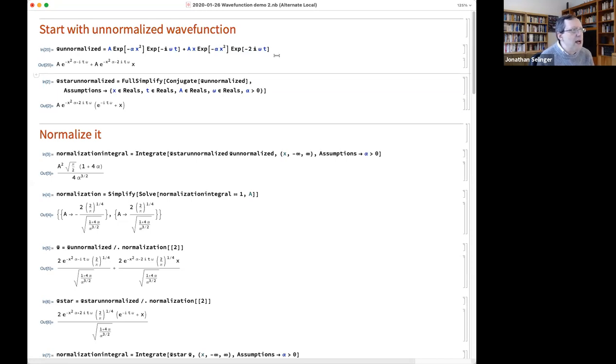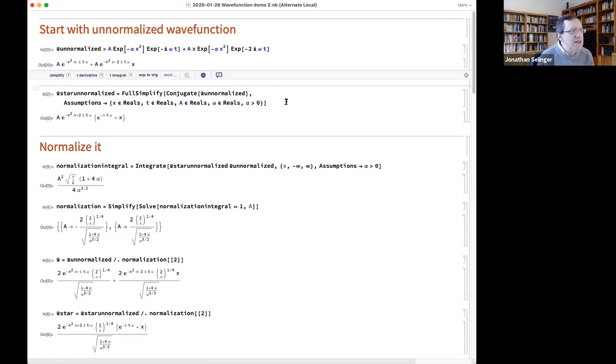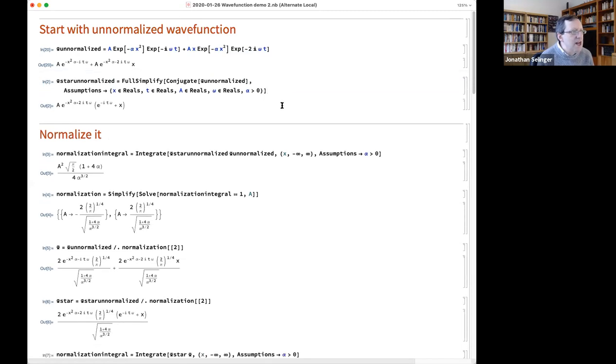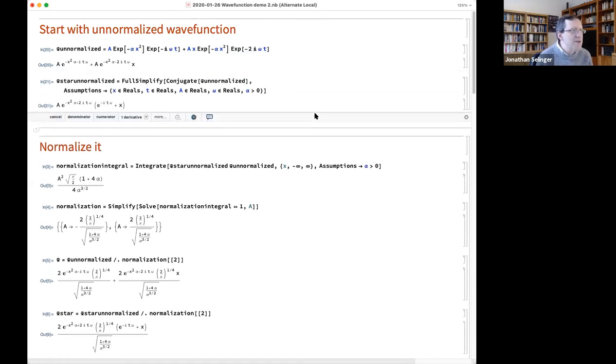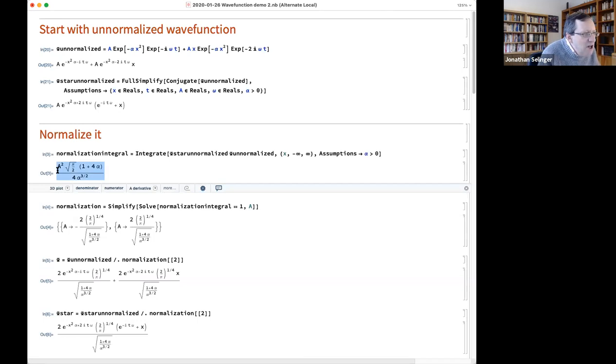Okay, so I can run that one and calculate the complex conjugate. Okay, so now I'll just repeat all the same steps that I did before. Okay, so I can normalize this thing. So I calculate the normalization integral and set it equal to 1.